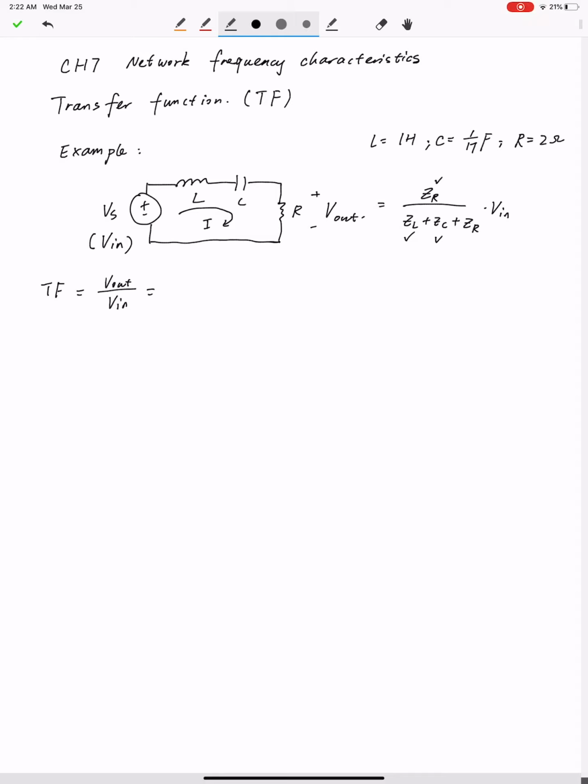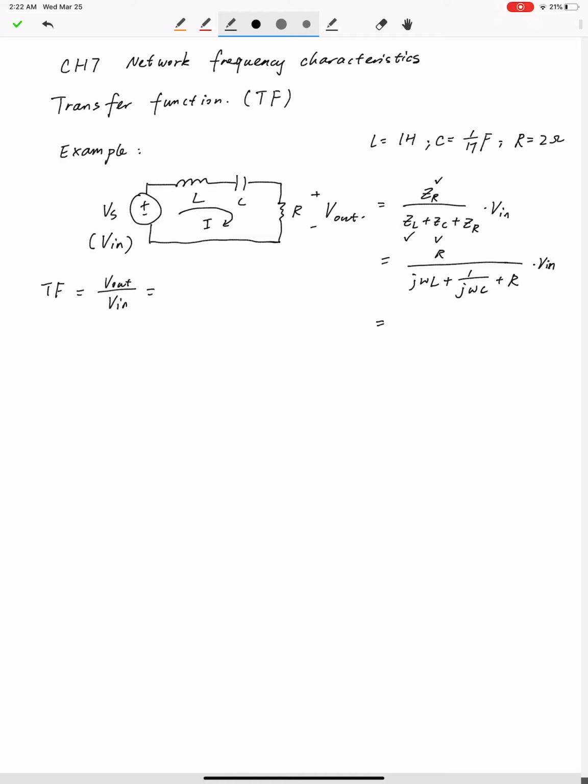ZR, the impedance of the resistor, is the resistance itself, R. ZL equals j omega L, based on the formula for the impedance of the inductor. And for the capacitor, the impedance is 1/(j omega C).